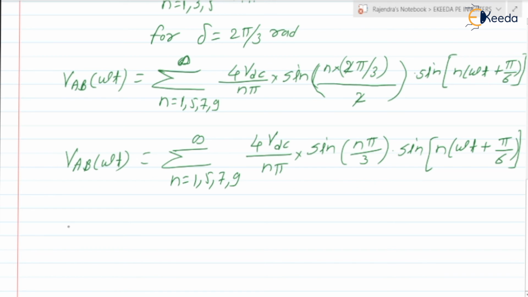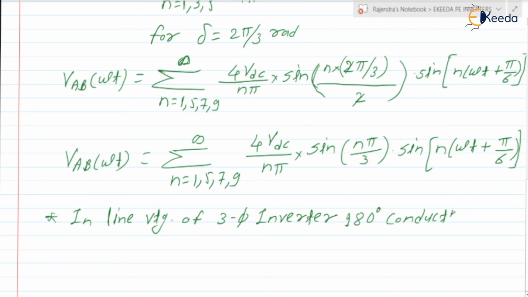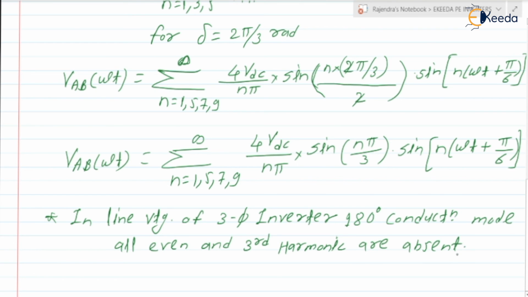So point to be noted, in the line voltage of a 3-phase inverter in 180 degree conduction mode, all even harmonics and the third harmonic, only third, it is not triple n, are absent.